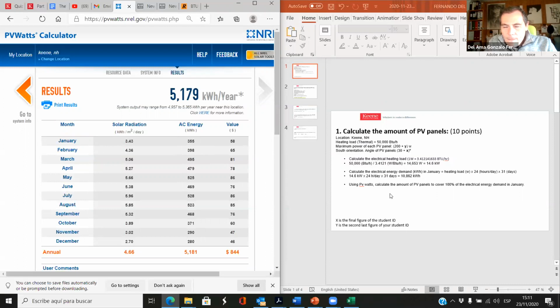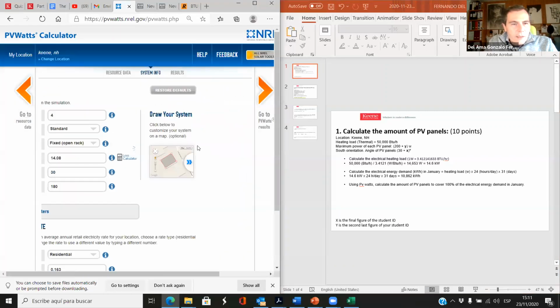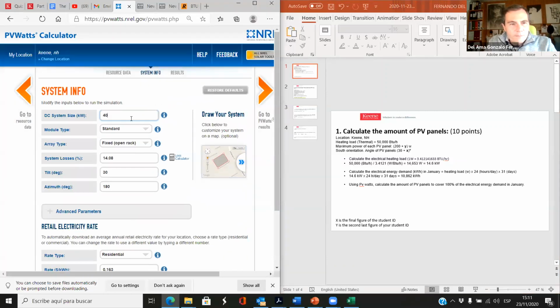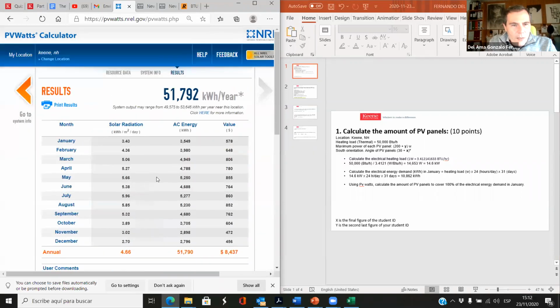We have to produce 10,000 kilowatt hours in January. So 4 is nothing, so let's try 40. With 40, we are at 3,000, but it has to be 10,000, so we multiply this times 3.